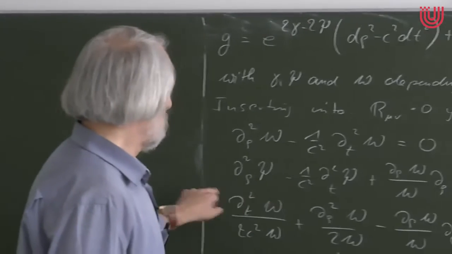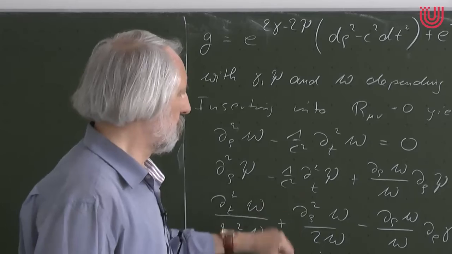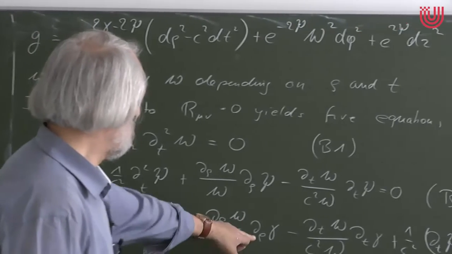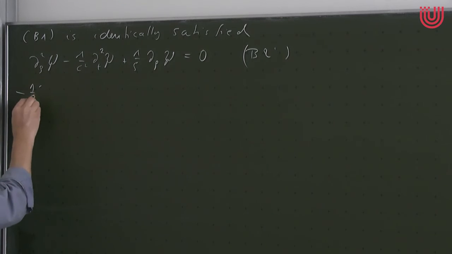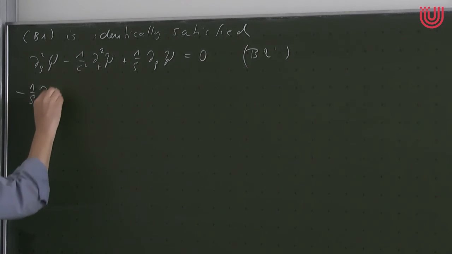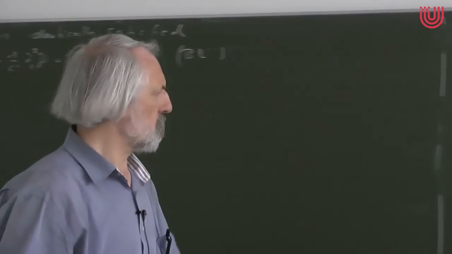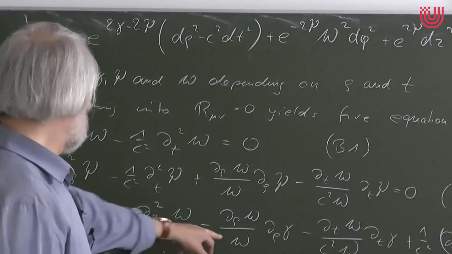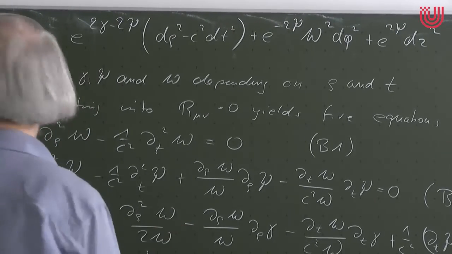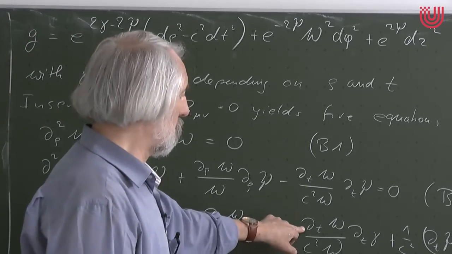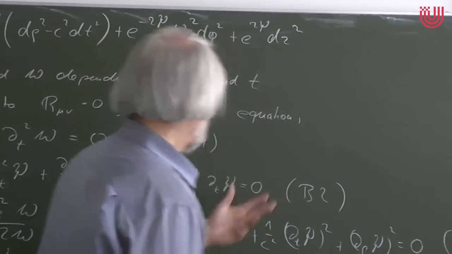So here, this is 0. This is 0. This is 1 over rho, d rho gamma. Well, it's supposed to be a rho. It's probably not readable. d rho gamma. 1 over rho, d rho gamma. Yes. This is 0. And this I have to copy.